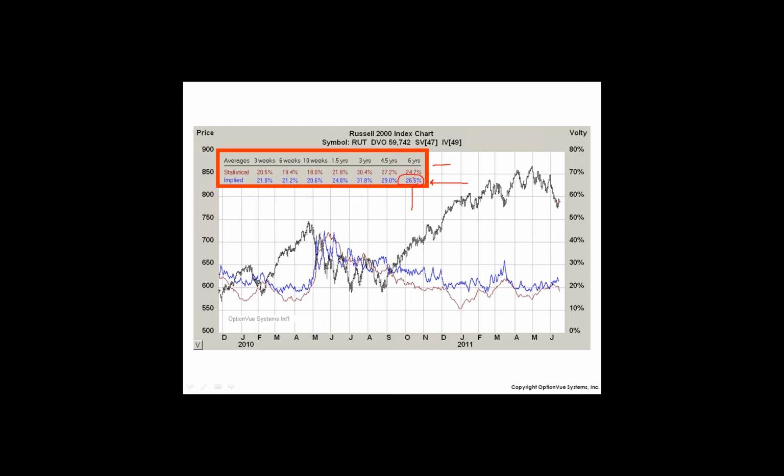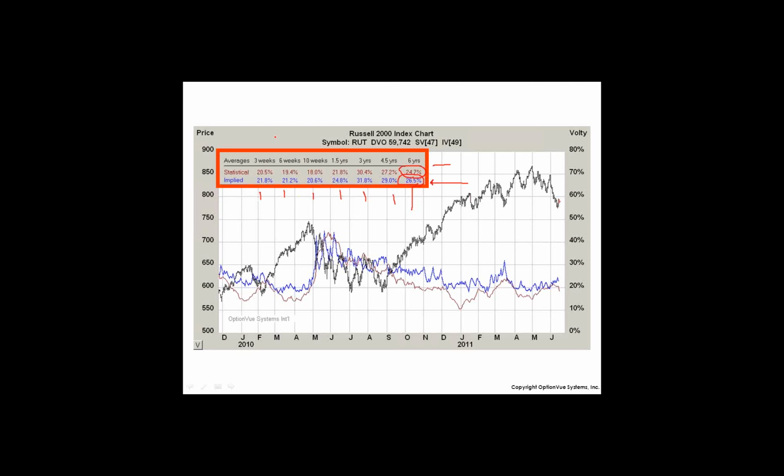The 6-year average of statistical is at 24.7. And in every single time frame going back, we can see that implied on average is higher than statistical.